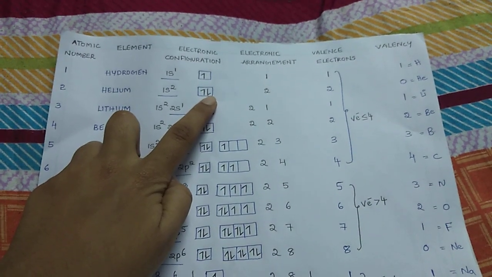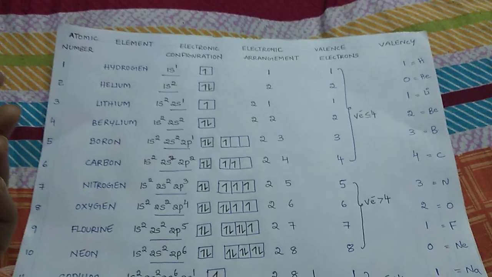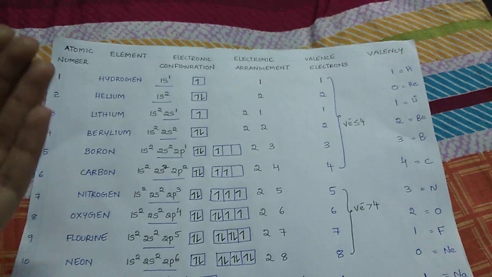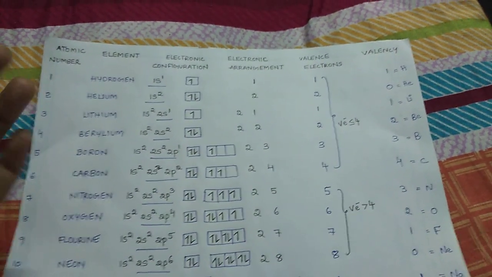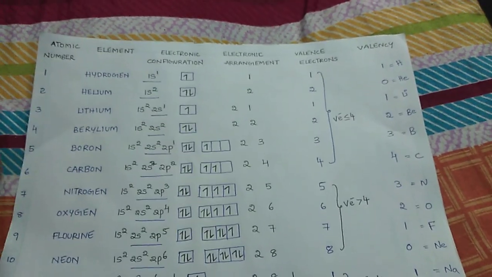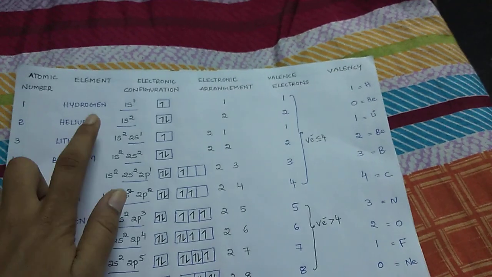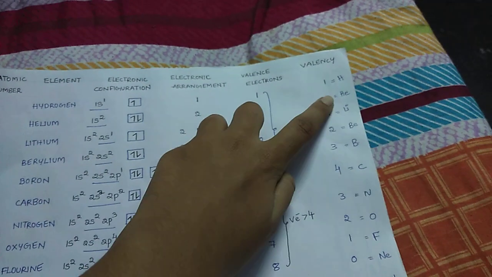It means it has stability. So when an element possesses stability, it does not have any tendency to go for chemical bonding. That means it does not have any tendency to gain or lose electrons. So it indicates the stability of that particular element. That's why the valency will always remain 0.